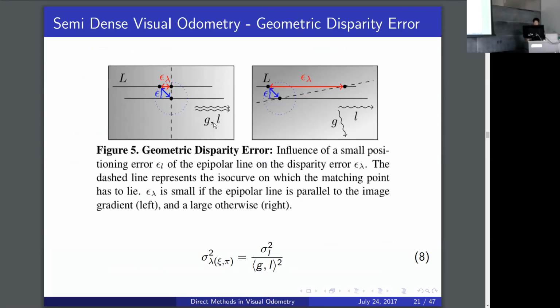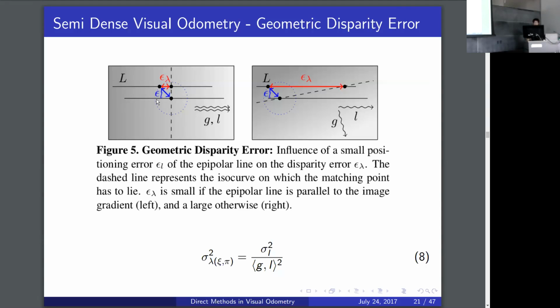which is trying to measure the influence of a small gradient difference. It's a bit hard to see in this image, but the gradient is dark on the left-hand side, and it's parallel with the epipolar line.